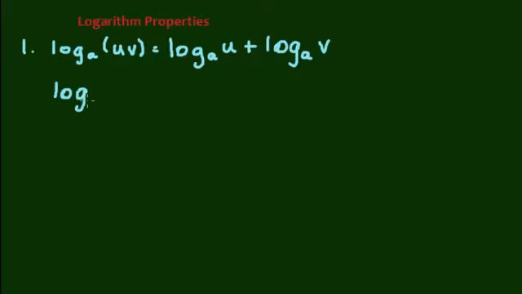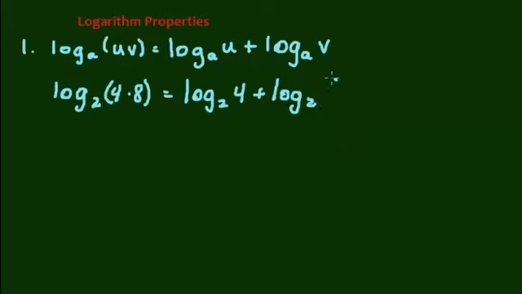Let's look at log base 2 of, say, something like 4 times 8. Now they say that this is going to be equal to log base 2 of 4 plus log base 2 of 8.